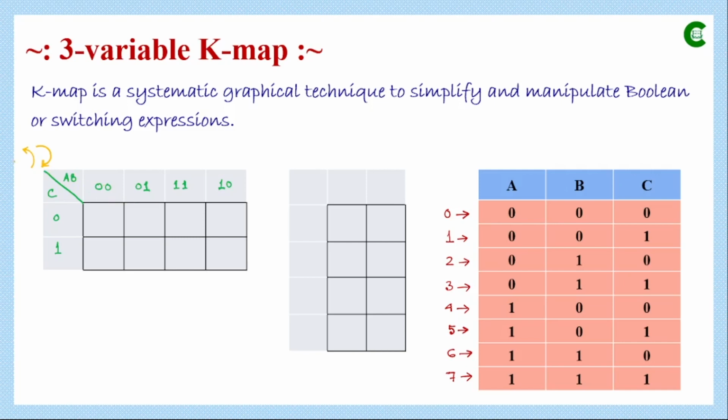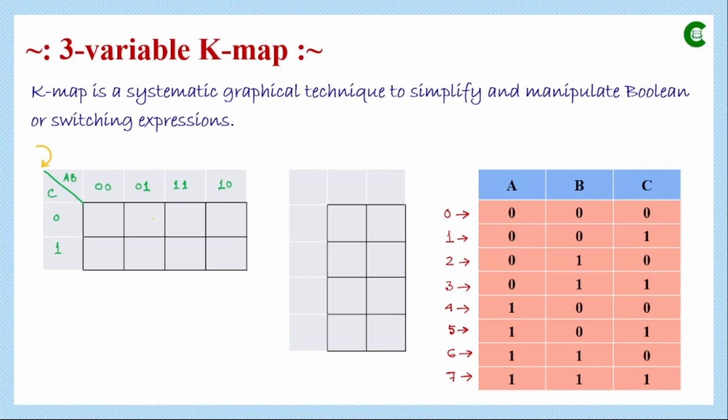So if we go by the first arrangement, then A, B, C. The first decimal number is 0, and for that the combination is 0, 0, 0. So here the value of A is 0, B is 0, and the value of C is also 0. That means the first cell will be marked by decimal number 0, and accordingly all other cells will be marked.